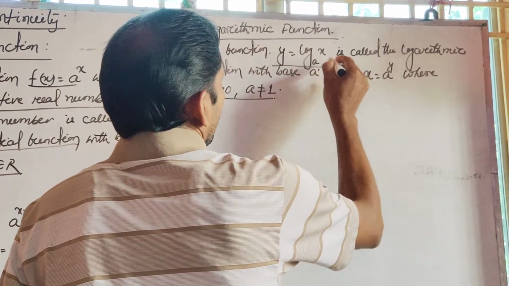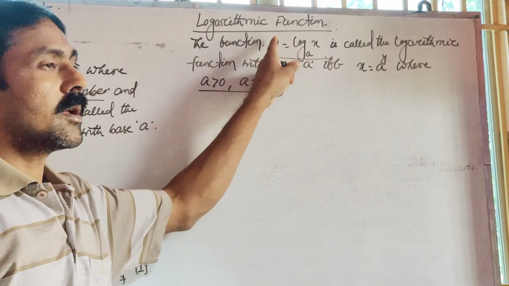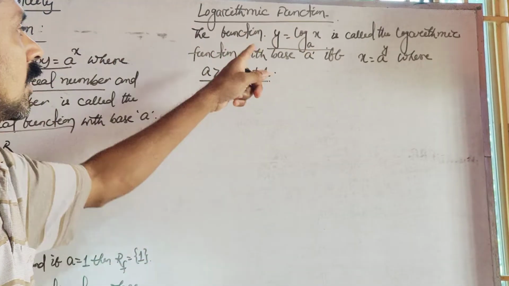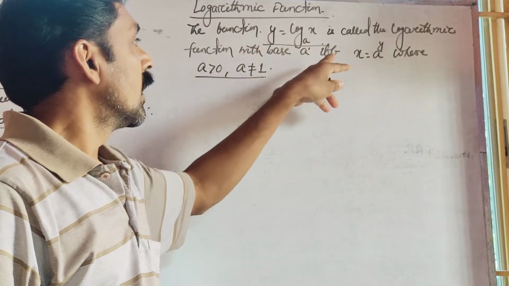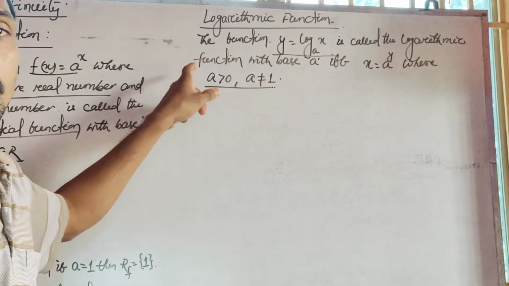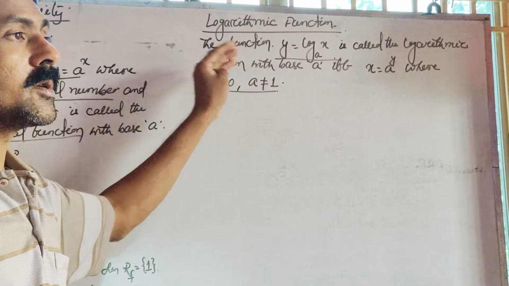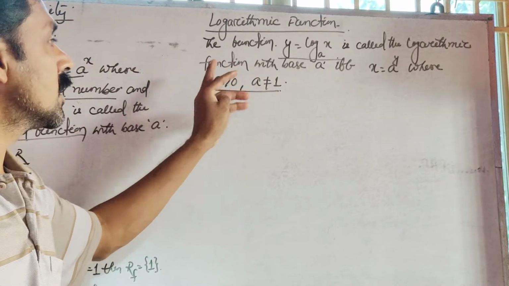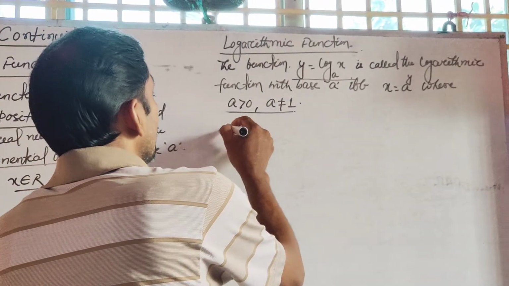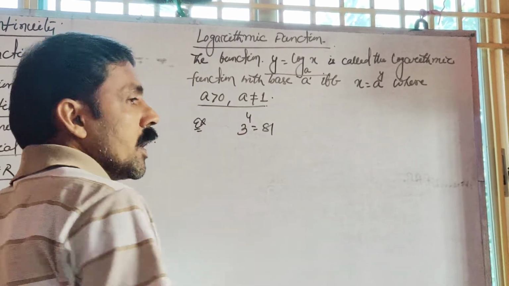This function y equal to log x is read as log x with respect to base a. If x equal to a to the power y, and here a is again positive, but the value of a should not be equal to 1. It is positive, it might be 0.1, 0.5, greater than 0, but it should not be equal to 1. For example, 3 to the power 4 equal to 81.